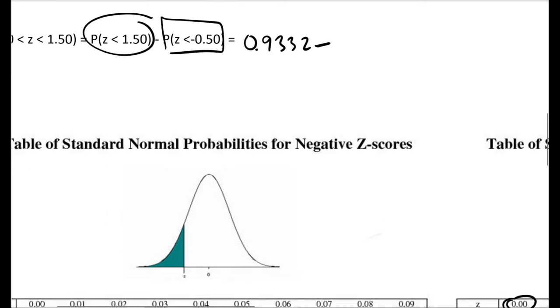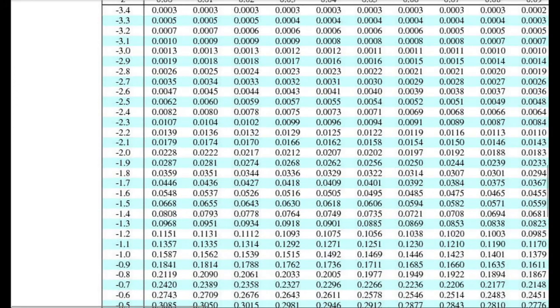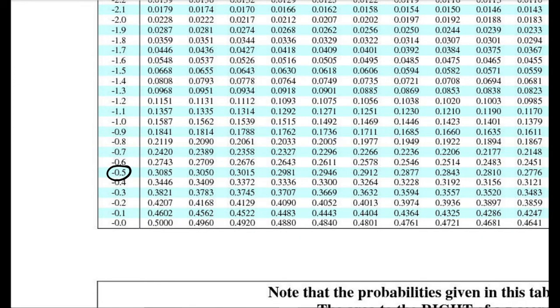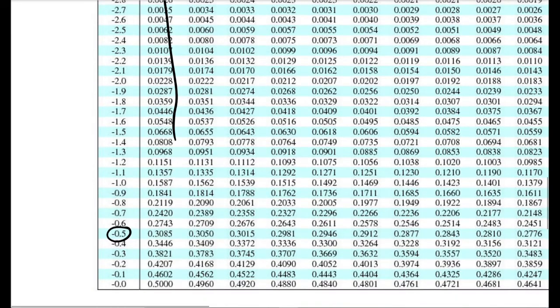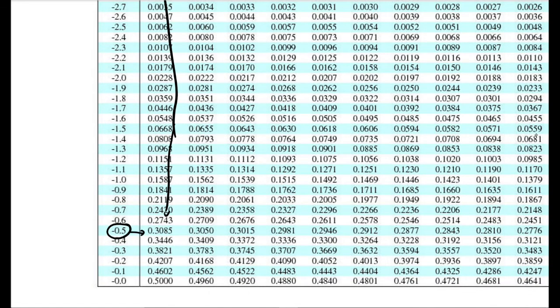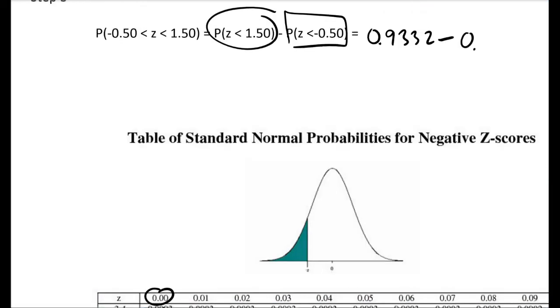Minus, now we want to look up negative 0.50, which is 0.3085. Now we're going to calculate that area. We're going to subtract those two numbers. You got 0.6247.